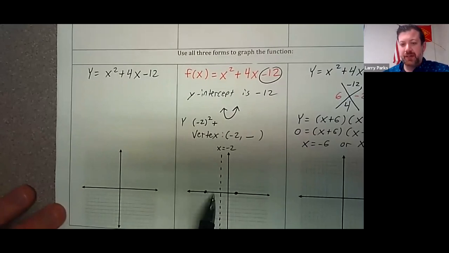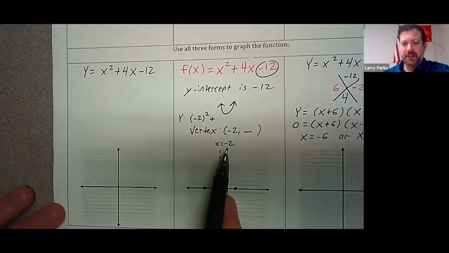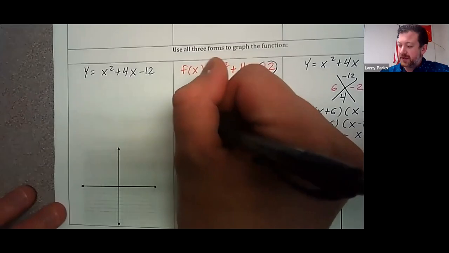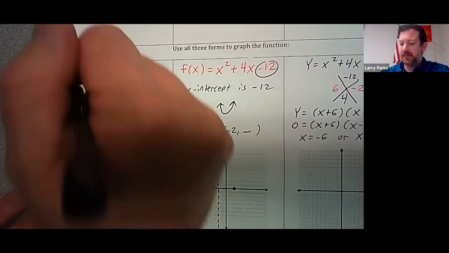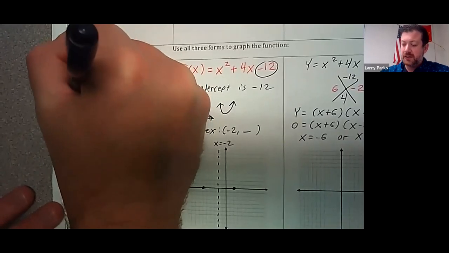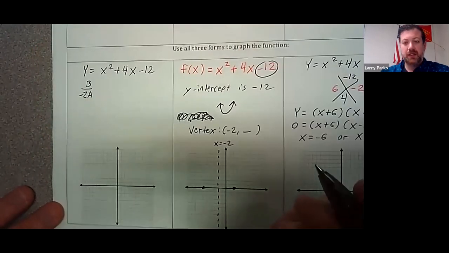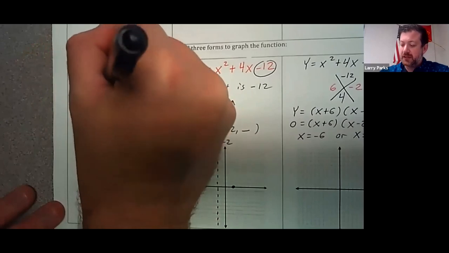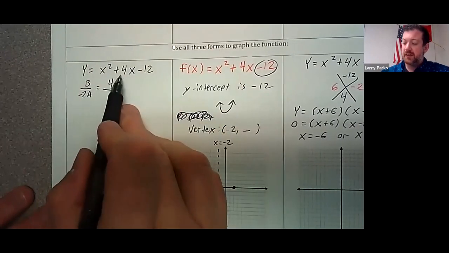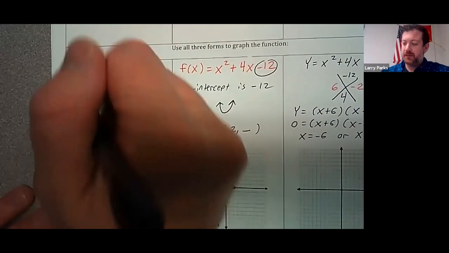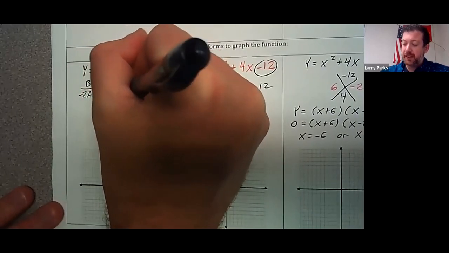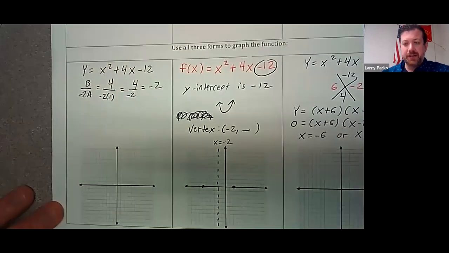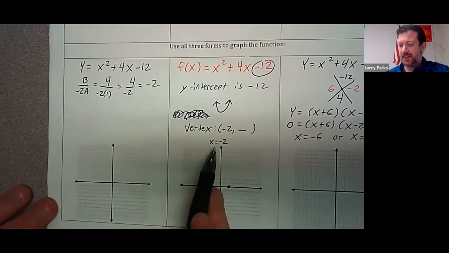And if you didn't understand what I just did to get the x value of the vertex, I'm going to erase this. There is another way, and it's b divided by negative 2a. So doing that real fast, b is 4, a is 1. So that's 4 divided by negative 2, which is negative 2. Notice it is the same, negative 2. It's kind of cool, huh?